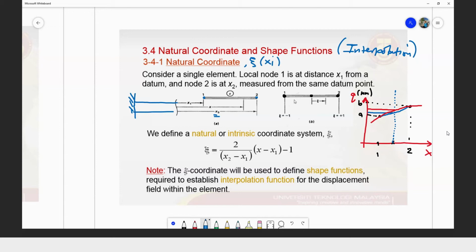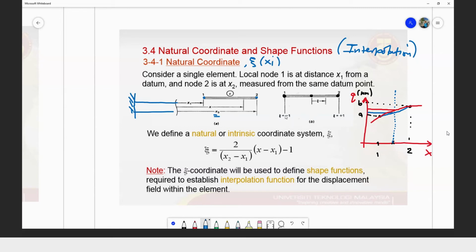So as you can see here, if we have two nodes, one element and two nodes, the natural coordinate system itself is in between -1 and 1 only.